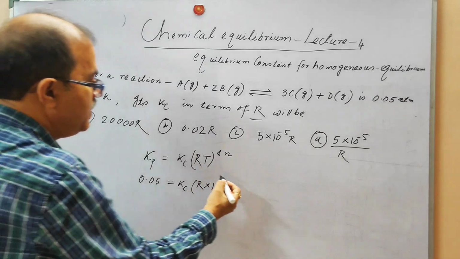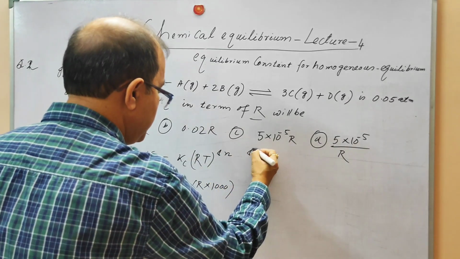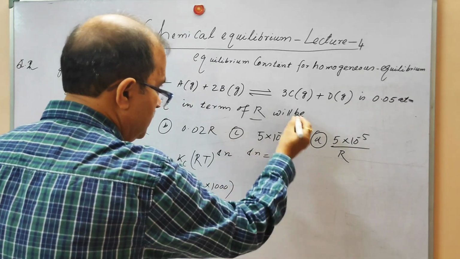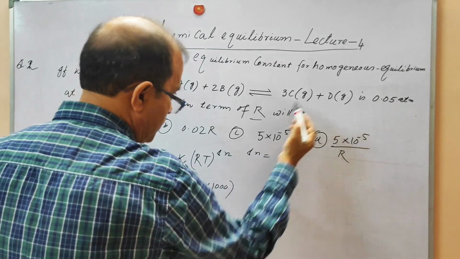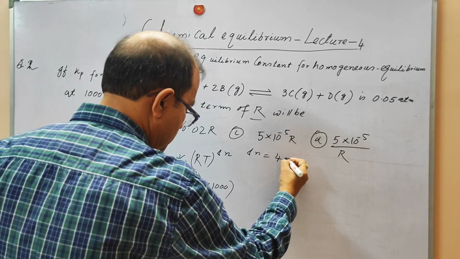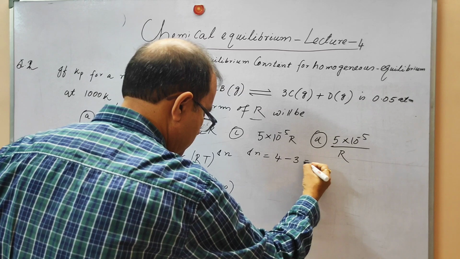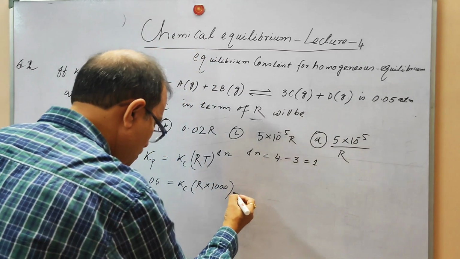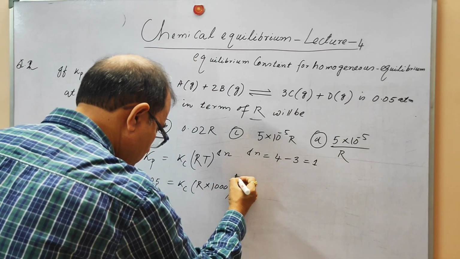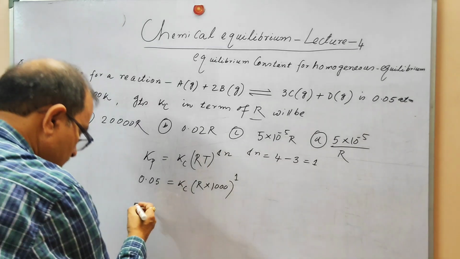Now we have to calculate del n. What is del n here? The product is 2 and the reactant is 1, so del n is equal to 1.